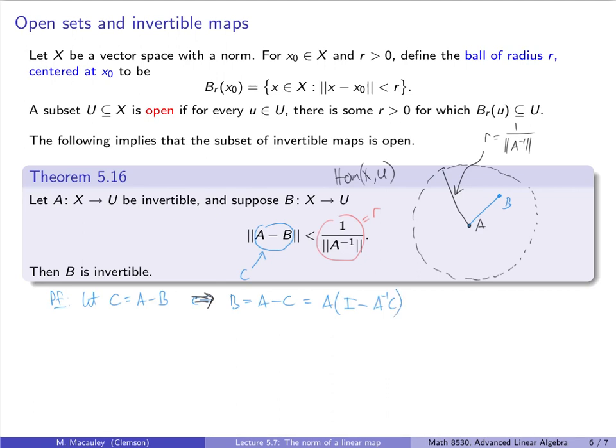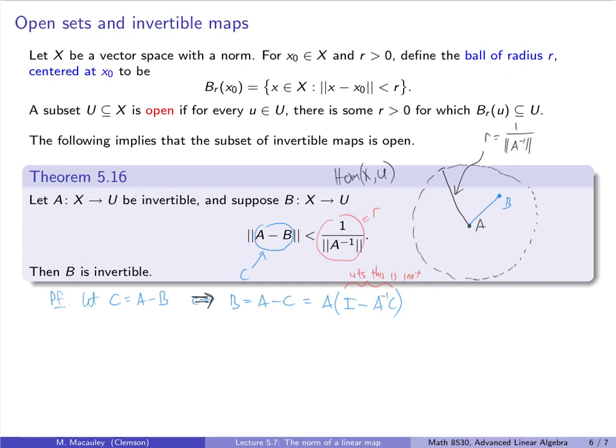And so now what? Our goal is to show that B is invertible. And we know that A is invertible. So if we want to show that this thing here is invertible, then we're done, because B, being the product of two invertible maps, would have to be invertible itself.